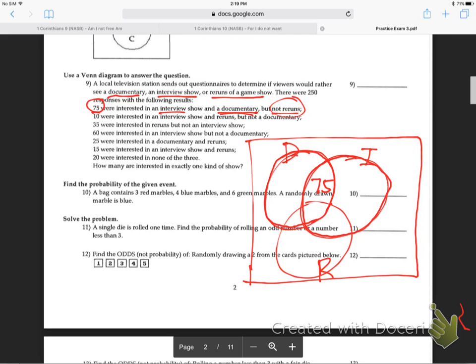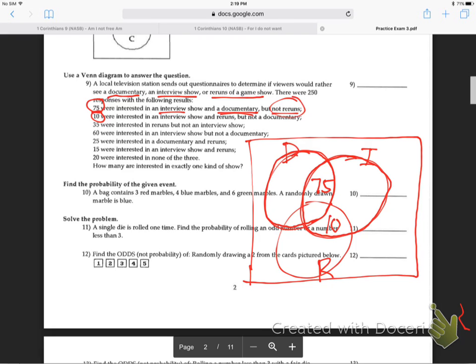Is that okay? Does that make sense on that? And then next, 10. Can you put the 10 where it goes? You see it's right there?